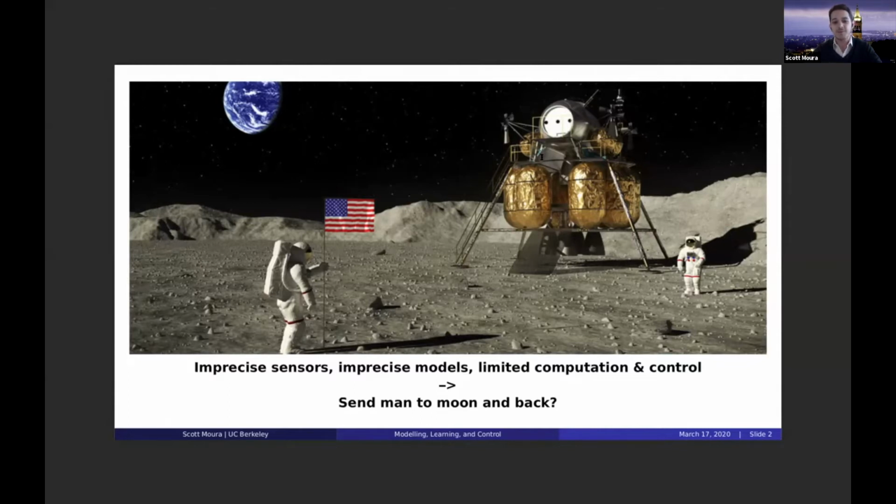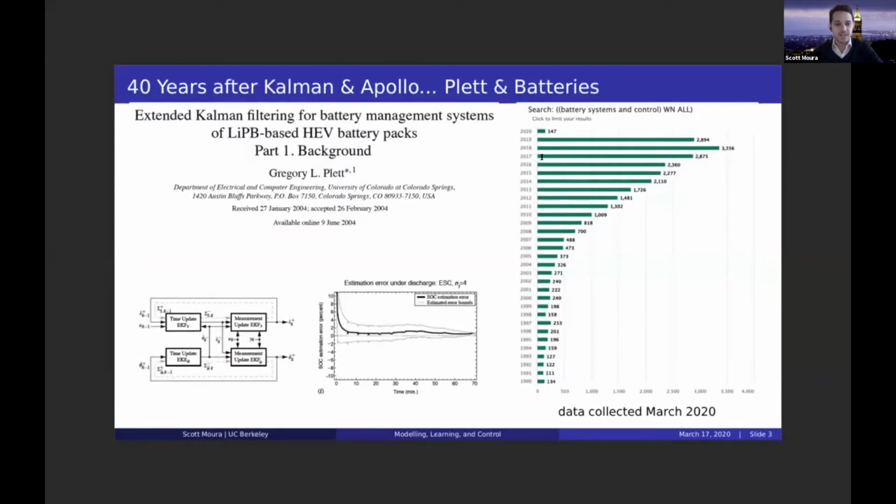And the reason I'm bringing this up is because it's a very similar situation with batteries, in fact. And 40 years later, I really want to give credit to Greg Plett, who I think attended this meeting last year, who wrote what I consider this seminal paper, where he was really, I think, the first to popularize this idea of combining control and estimation theory with mathematical models of batteries.